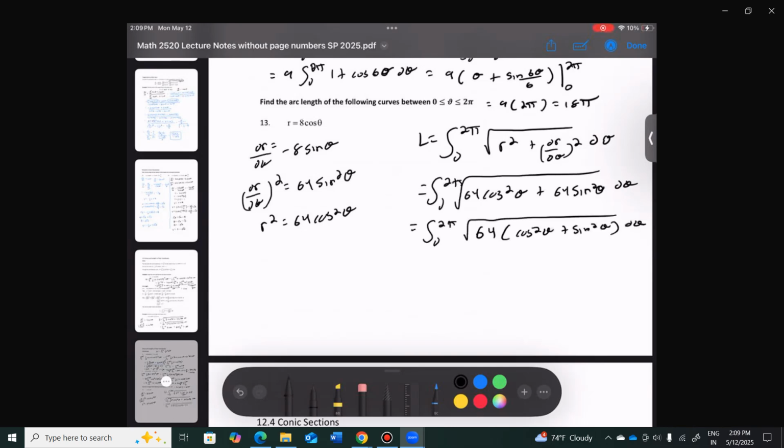That is just going to be 1. And square root of 64 is 8. So we get the integral from 0 to 2 pi of 16 pi d theta. So that's going to be 16 pi theta from 0 to 2 pi. 0 is just going to make that 0. So 2 pi gives me 32 pi squared.